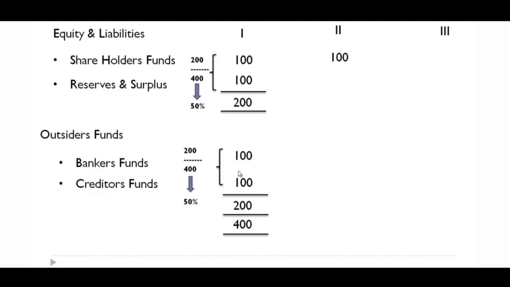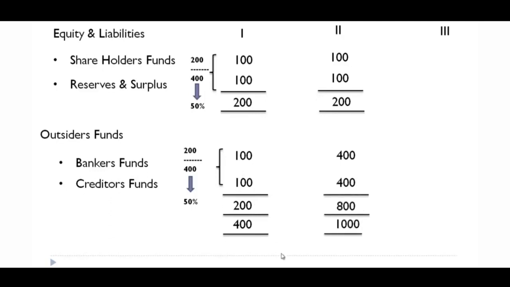Now we'll take case 2. Here the shareholder funds are 100, reserves and surplus is 100, so the total shareholder funds are 200, and the banker funds are 400, creditor funds are 400, and total outside funds are 800. Now we have the total liability, which is 200 plus 800, which is 1000.